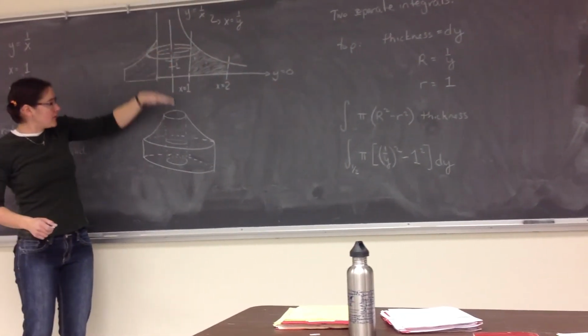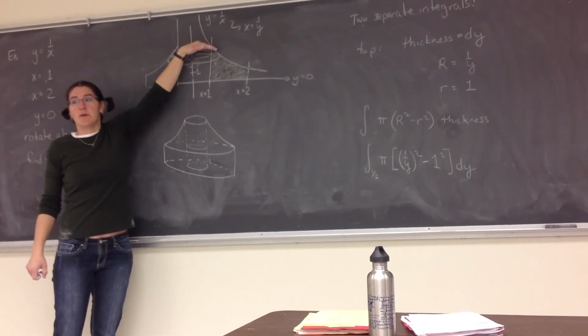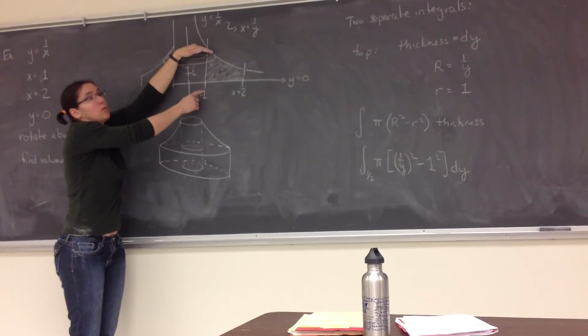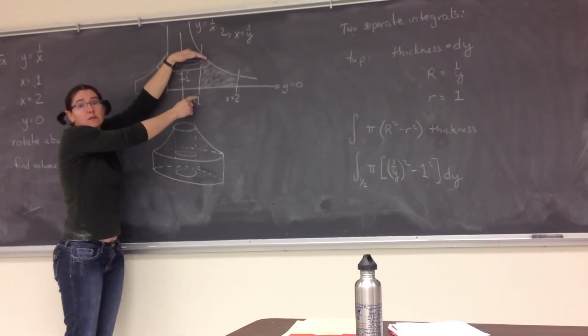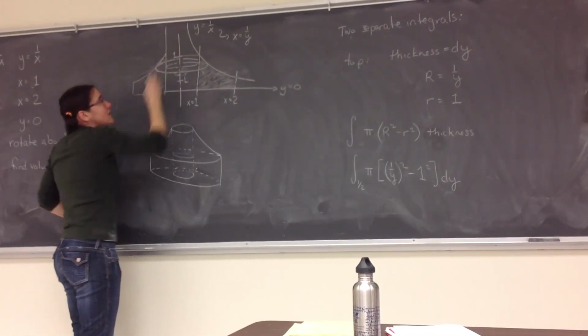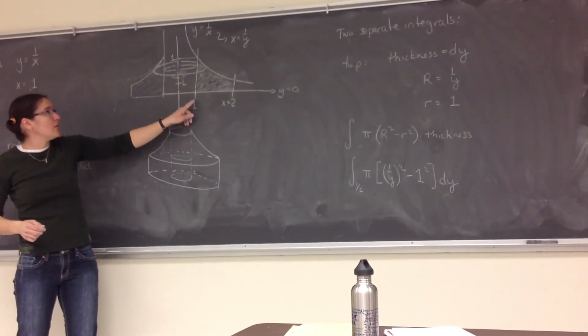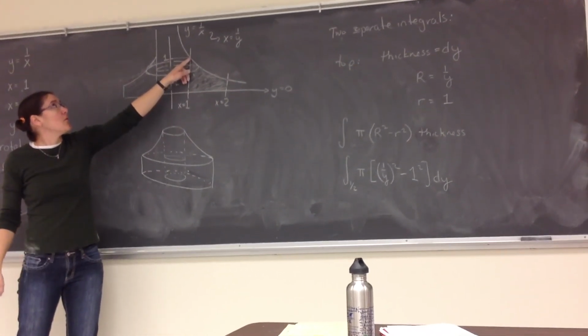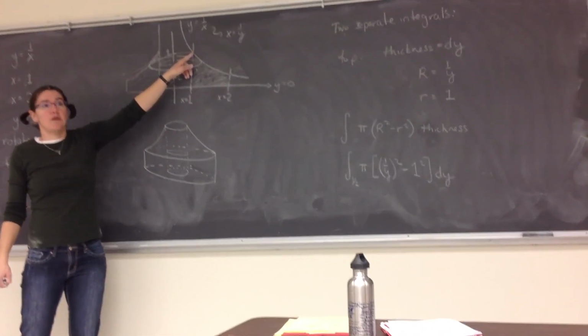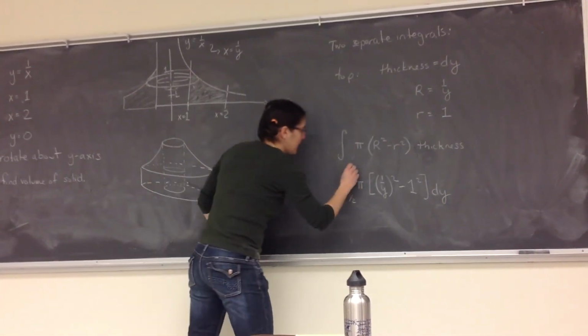And our top boundary, we're going to slice, slice, slice until we hit the place where 1 over x hits x equal to 1. And so when x is equal to 1, our y value at that point is 1 over 1, which is 1. So my boundaries go from 1/2 to 1.